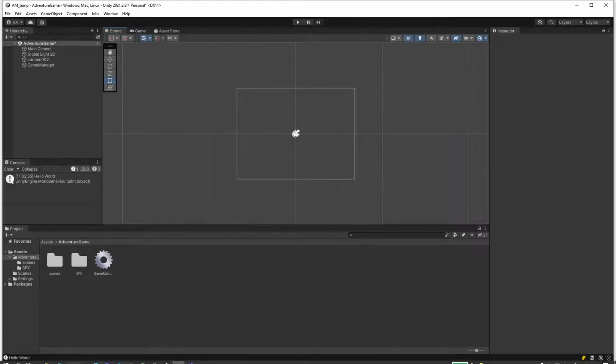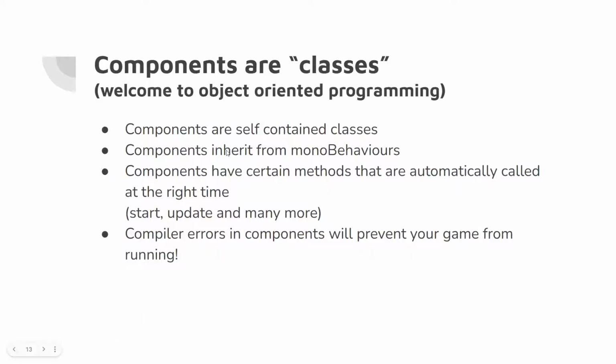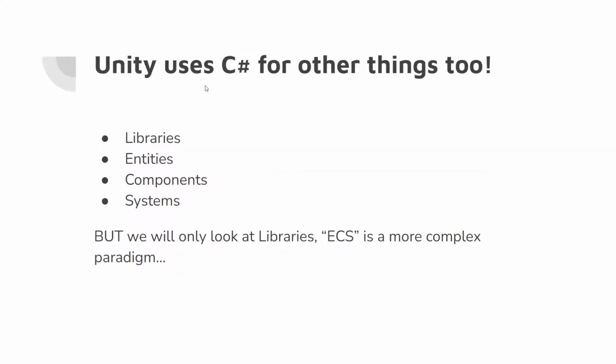All right. So emphasize the console window, our scripts, our play mode, jumping back and forth between Visual Studio and where we are here. All right, so components are classes. Unity uses C# for other things too. Classes aren't necessarily the only game in town, but for us starting out, they're going to be the main way we do things.